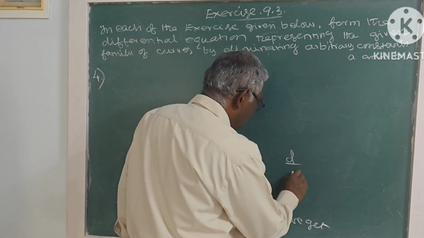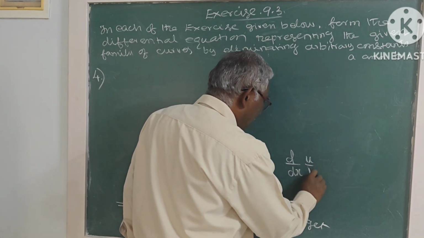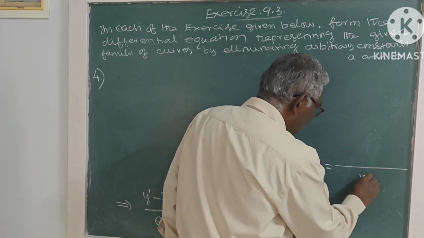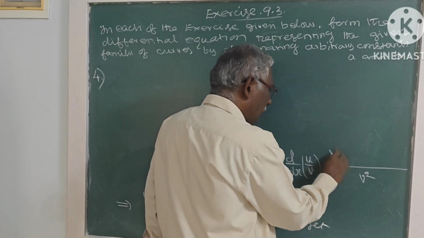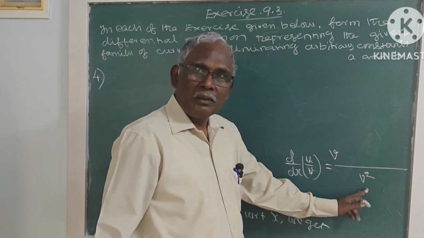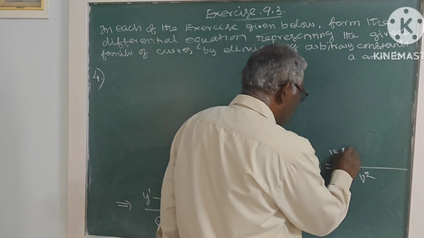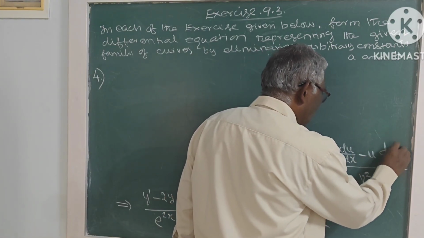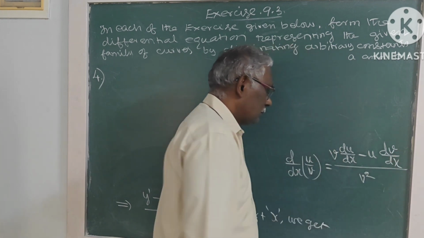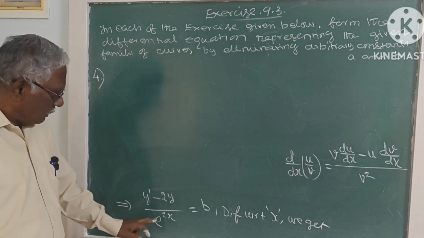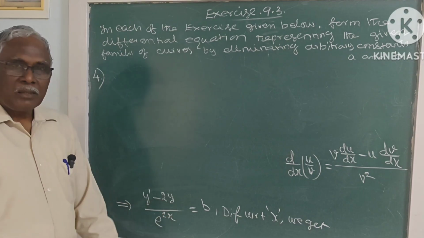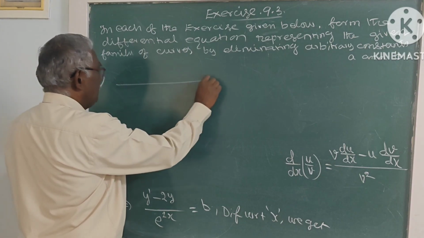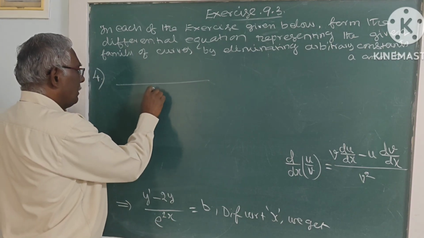Differentiate once again with respect to x. This is in the form of u by v, so v square in the denominator, and v du by dx minus u into dv by dx. We have e power 2x in place of v, so v square is e power 2x whole square.